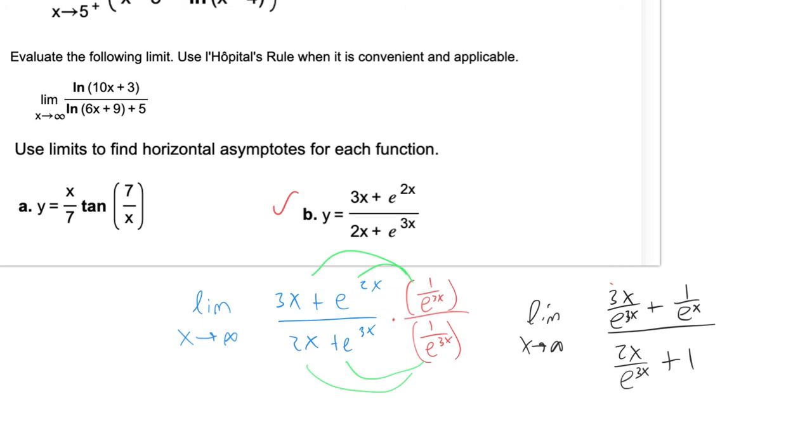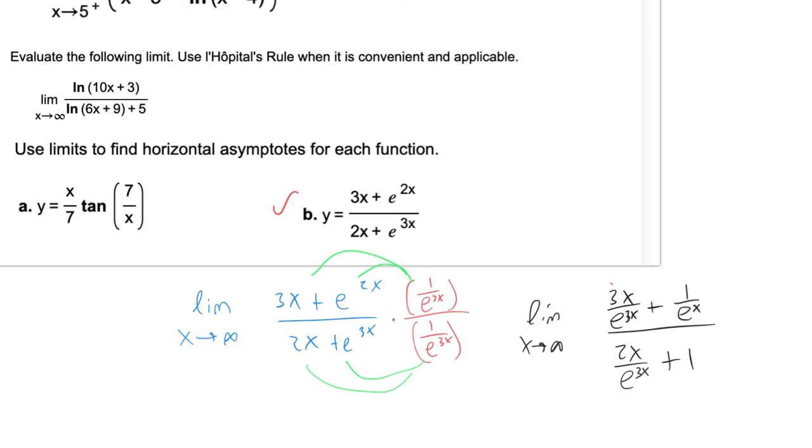Now, what I'm seeing is there's a possibility we actually don't need to use L'Hopital's here, because look at what happens when we plug in infinity now. We would have infinity here, but we'd have this infinity that's increasing much faster than this infinity.